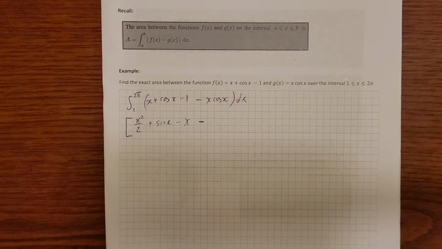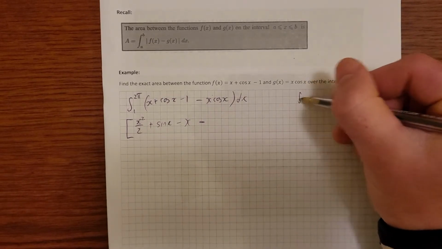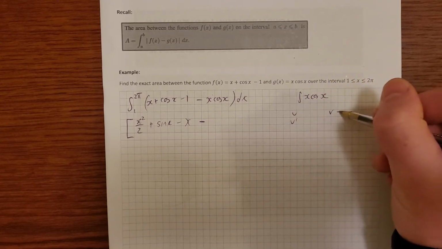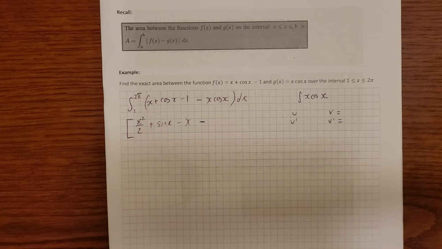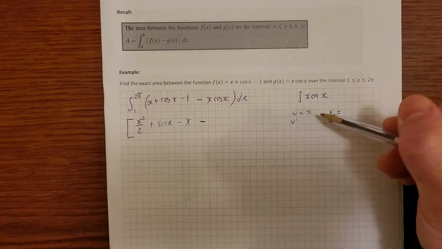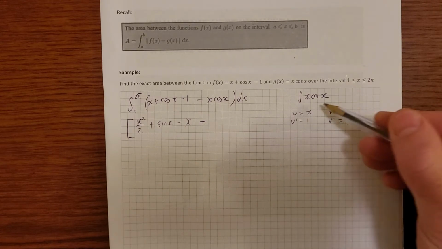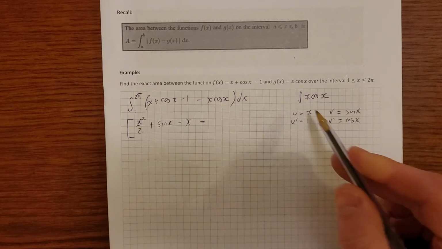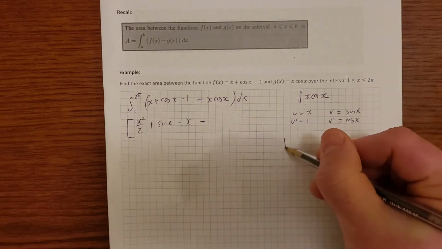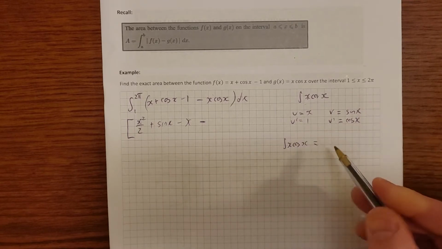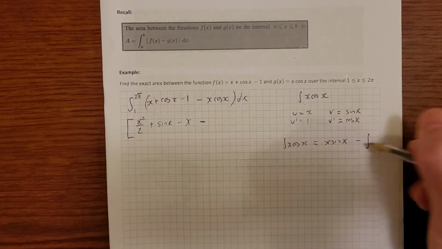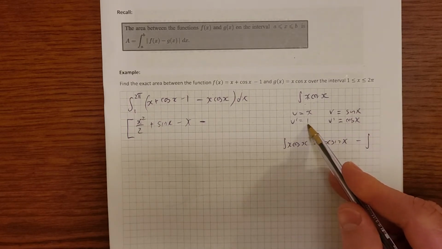We have to use integration by parts for the integral of x cos x. I'm going to define u as x, so u dash is 1. If v dash is cos x, then v is sine x. Using integration by parts, the integral of x cos x is uv, which is x sine x, take the integral of u dash v.